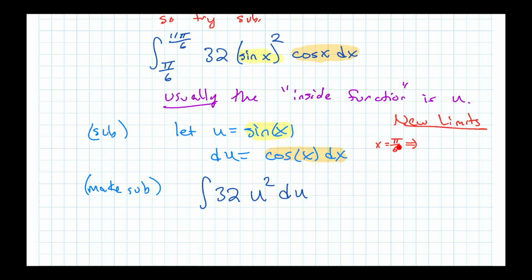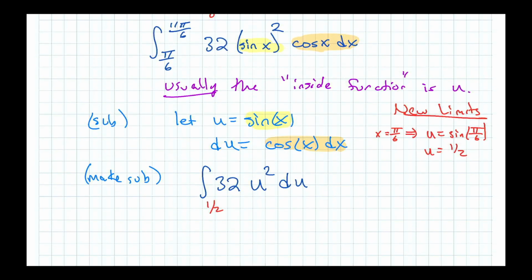You use this calculation and you can calculate u. So we're going to basically plug x equals pi over 6 in here for x, and we have sine pi over 6. So what is the sine of pi over 6? Either you know it or you check on a calculator. 1/2. Okay, so sine of pi over 6 is 1/2, and that was our bottom limit. So that's the bottom limit here.